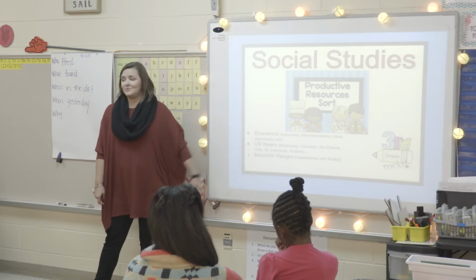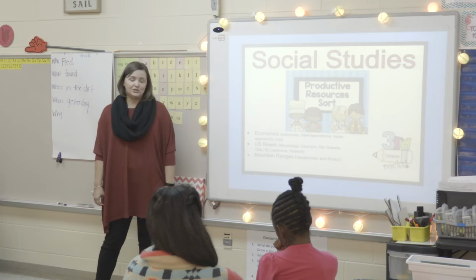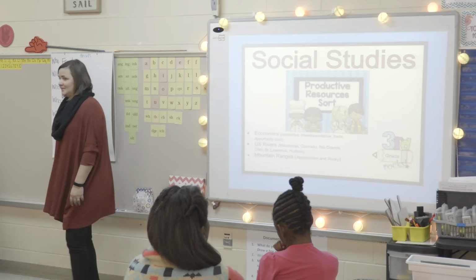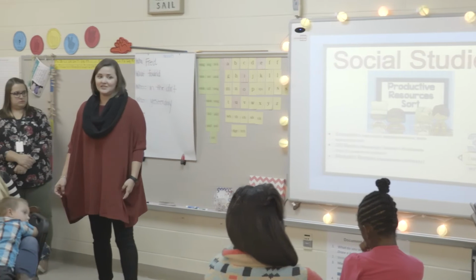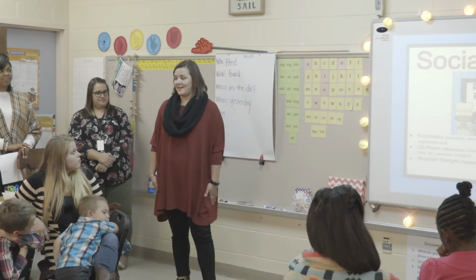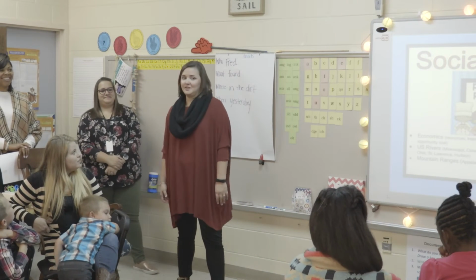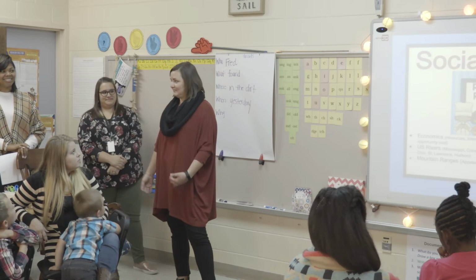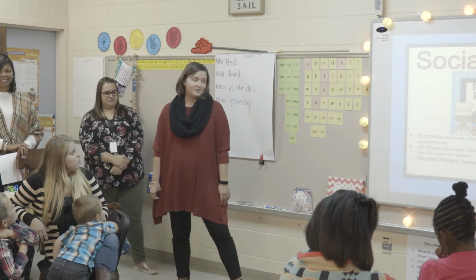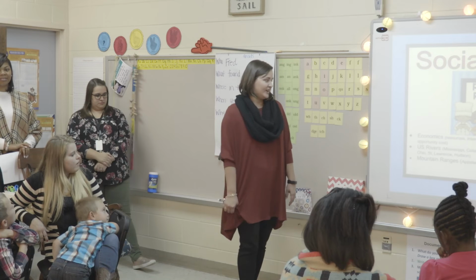They're going to be using some words like interdependence and trade and opportunity cost. I know when I started teaching this, I had to brush up on my vocabulary. So, don't be afraid to look and study with them on those to help them learn that vocabulary.